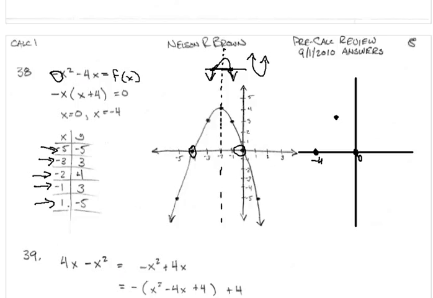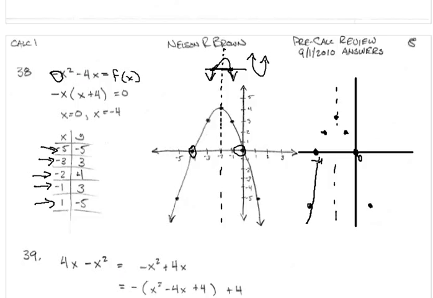At negative 3, it was 3, and at negative 5, it was negative 5. At negative 1, it was 3. Notice that we're getting symmetric values, right? And at 1, it is negative 5.